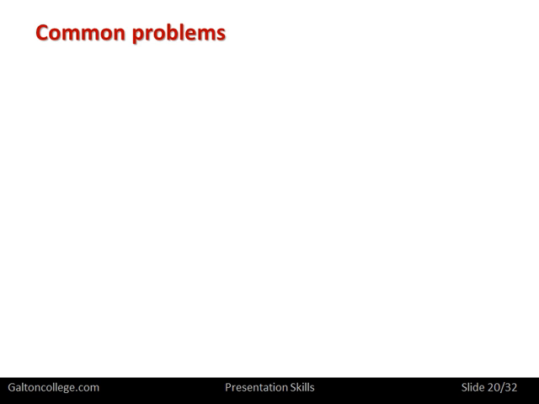Now, the common problems involved in this type of presentation are, first of all, verbal filters. There's a problem of sometimes sidetracking yourself. The information you want to give is related to a certain area, you start on a broader area, and you need to filter it down to where you're going.